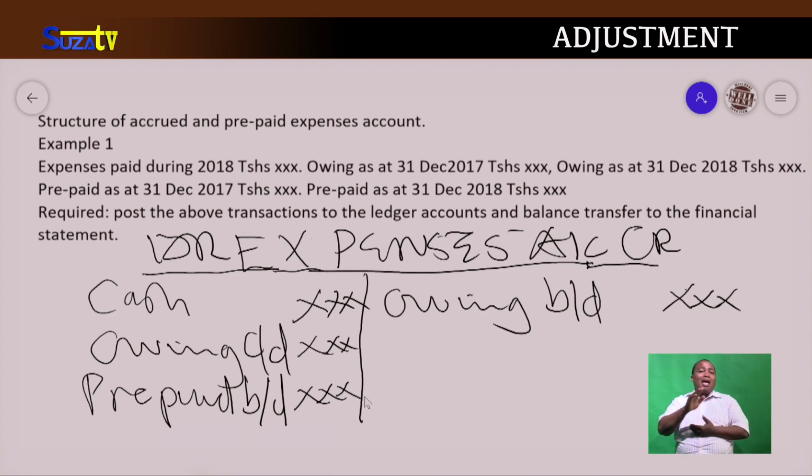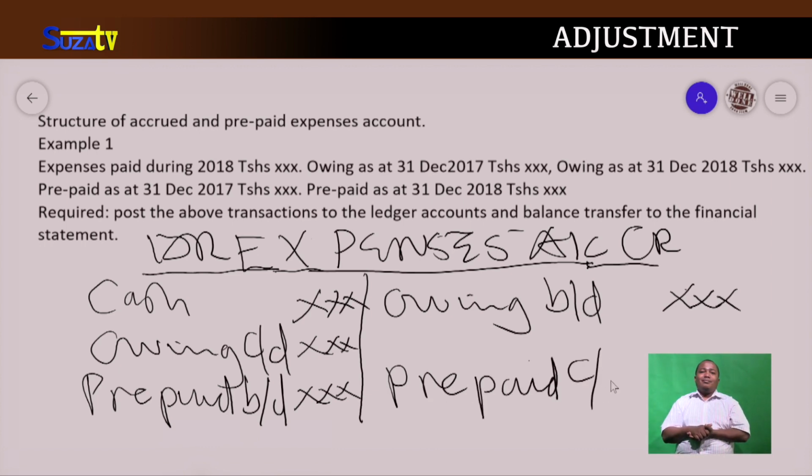Then prepaid as at 31st December 2018. This is a current prepaid. Current prepaid should be recorded at a credit side of expenses account. Record here prepaid CD. After that, add all debit side amounts.